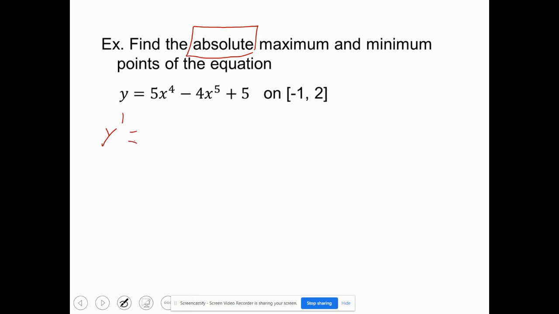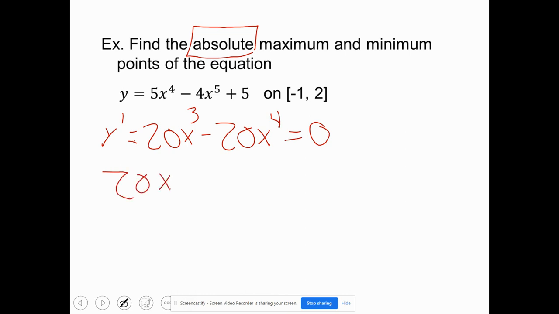Take a few seconds here and come up with your derivative. Set that derivative equal to 0.